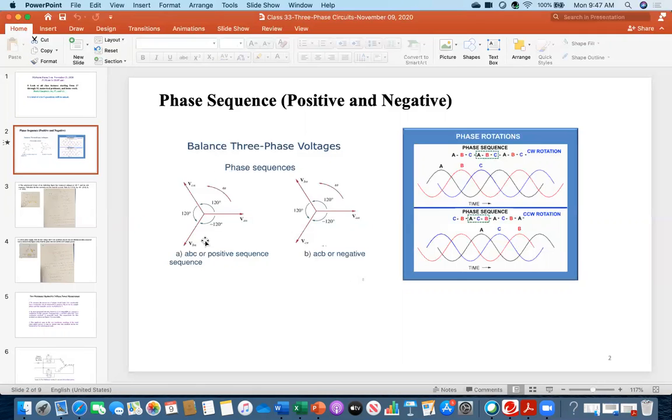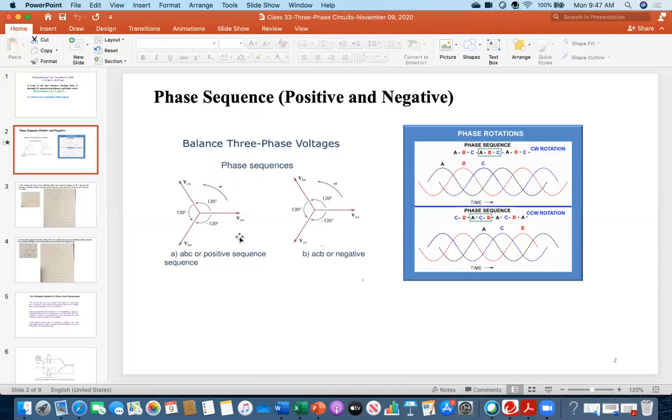Here everybody see, there are two figures. On the left side, as you can see, Van, then Vbn, then Vcn. That I explained, which is called the ABC or the positive sequence.